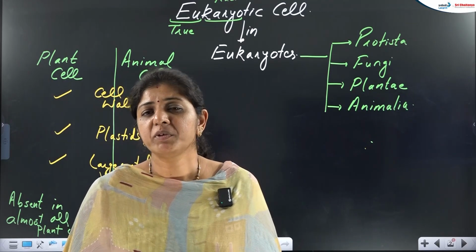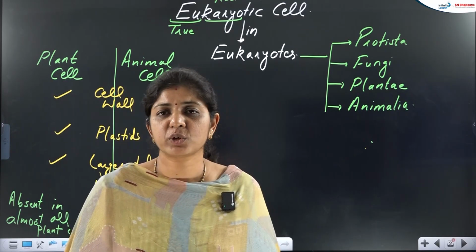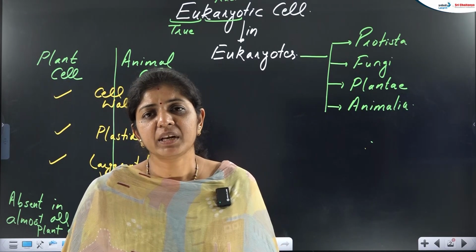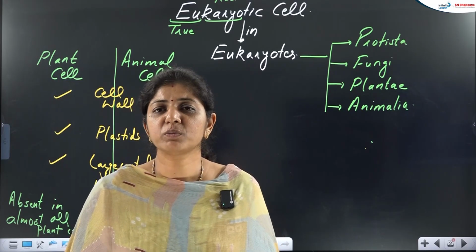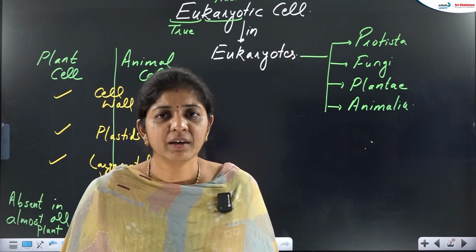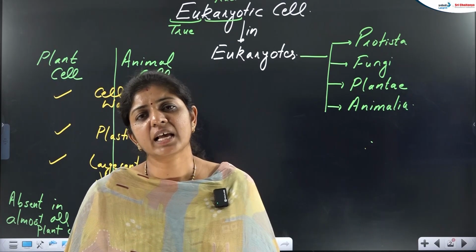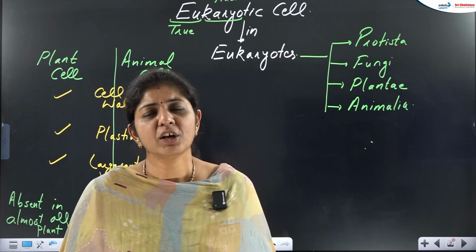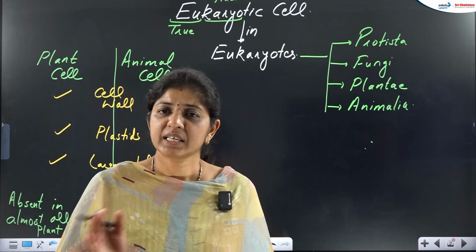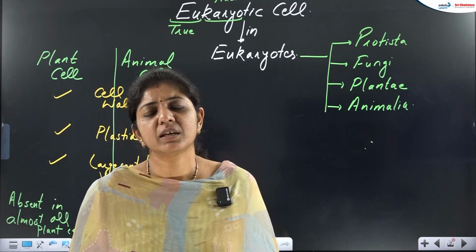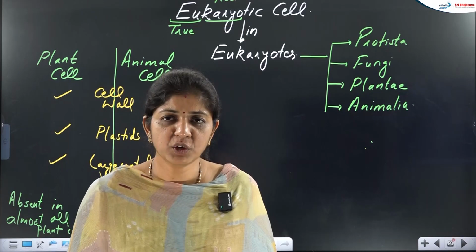Even ribosome, if you remember, we discussed in prokaryotes also, and there too it is membraneless. So can I say ribosomes are the universal cell organelle present in prokaryotes as well as eukaryotes.